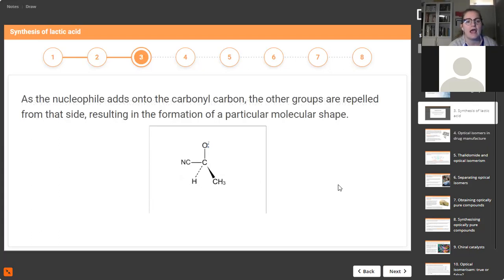As the nucleophile adds onto the carbonyl carbon, the other groups are then repelled, because remember, it held that other shape because of the bonding and because of the charges. The charges have changed, so the other groups are now repelled from that side, and they result in the formation of a particular molecular shape. So we then get this shape being formed.